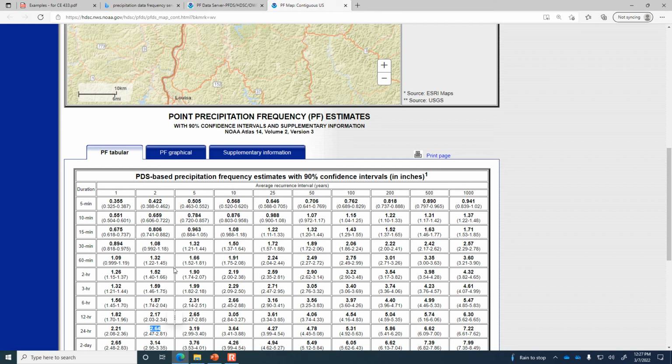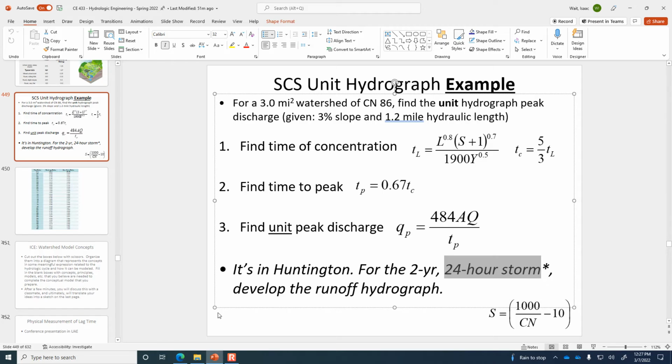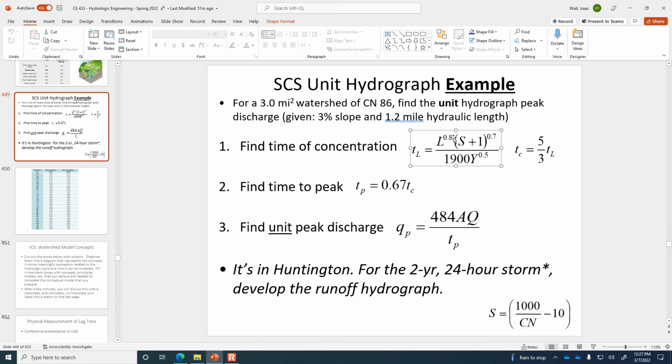And what we already calculated was, we know S is 1.63 inches. Did we calculate that? Yeah, in the first step. Let's go back. Yeah, we used S here, so we already know that S is 1.63 inches.